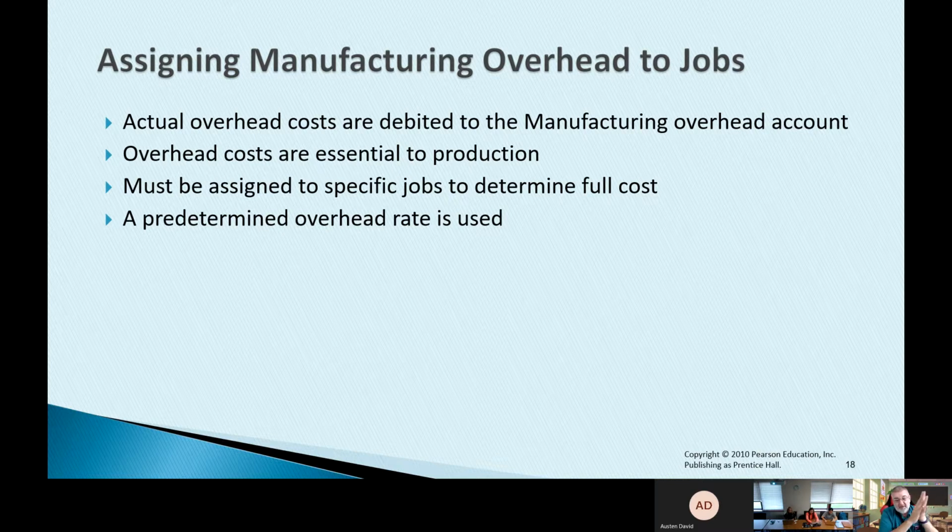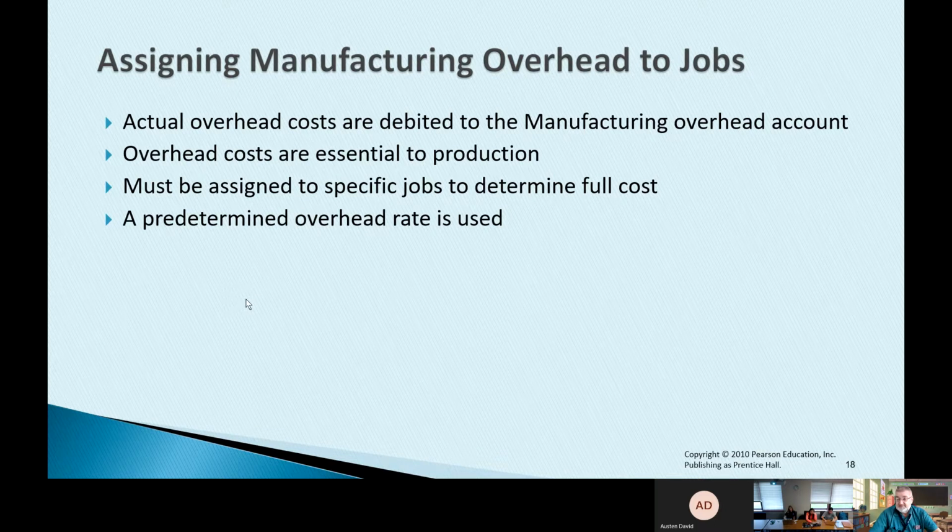Again, remember we were talking the other day, if we don't account for that overhead cost, when we go to figure out what our total cost is, then we run into a problem of not charging enough and not making the profit we need to, and we're not going to stay in business very long if we're not charging the right amount.